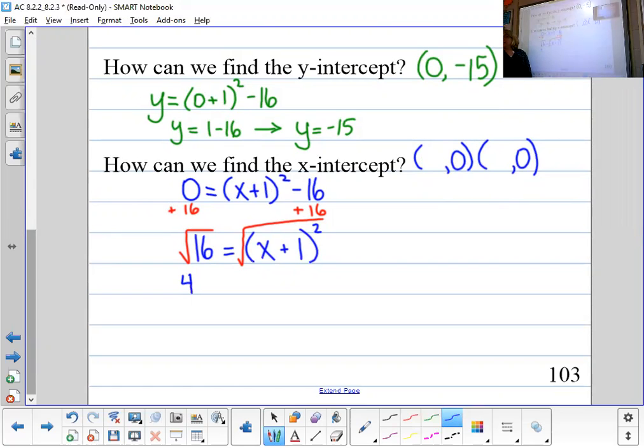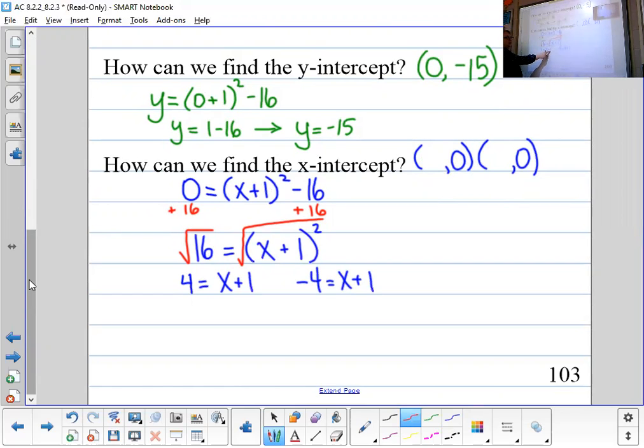And 4 times itself gives me 16, but so does -4. So basically, when I square root, I'm splitting it up into 2 different equations. And the square root of a parentheses squared is just going to give me what's inside my parentheses, x plus 1. Okay, now let's solve this right side equation first.